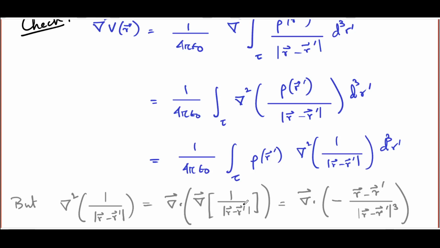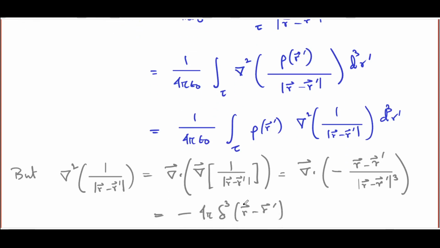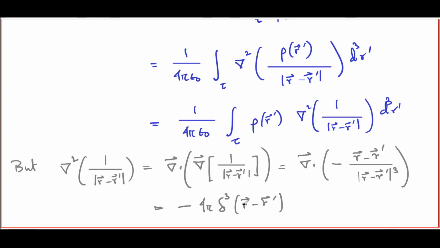Now, the divergence of this inverse square vector field is something we had calculated in our very second lecture, and had shown that this is a very special kind of function called the Dirac delta function. It's equal to minus 4 pi times delta cube of r minus r prime. The minus is simply because of the minus sign here.